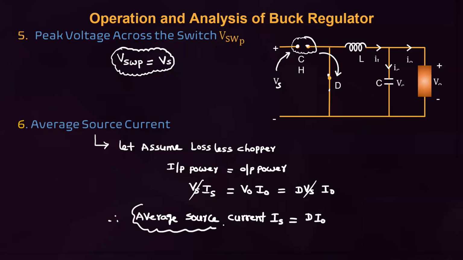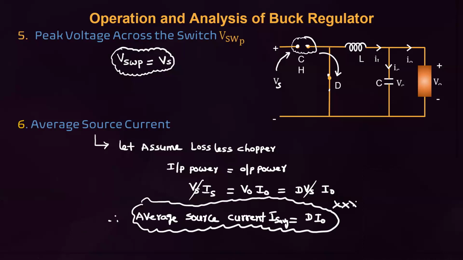The average source current is Is equal to d I naught. Don't confuse this with the same notation I used in rectifiers, where I took an RMS notation; here it is the DC, average source current. But one observation here: the source and switch are in series in this chopper.